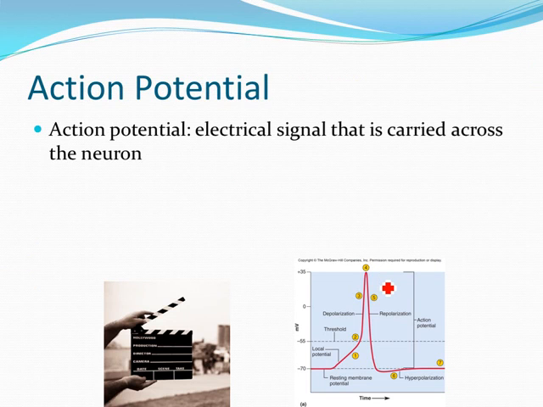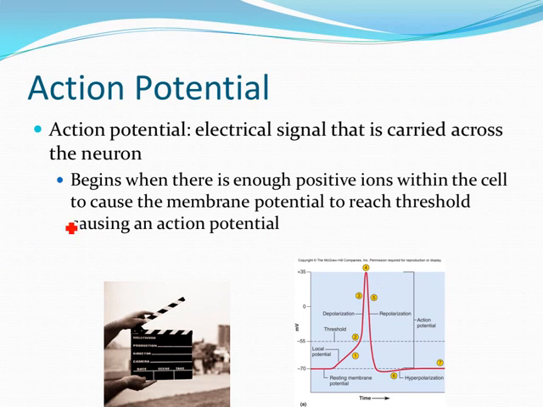So we talked about resting membrane potential. Action potential, on the other hand, is this electrical signal that gets carried across that neuron. That's that whole thing we were talking about on the axon itself. The electrical communication occurs across that axon.